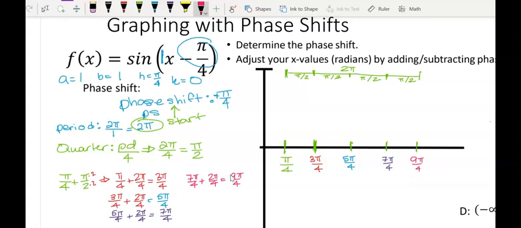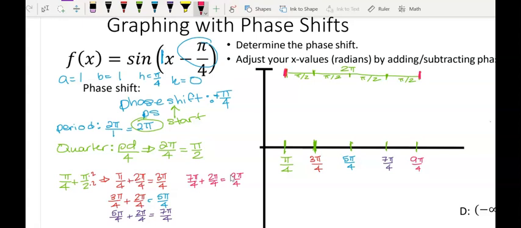Now, I'm going to double check, and this is a way to catch some simple mistakes that you might make in adding up these fractions. If you think about it, this point right here is adding whatever my period length is, so 2 pi, to my initial starting point.